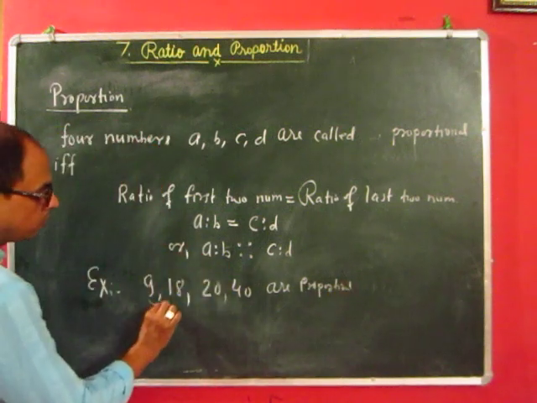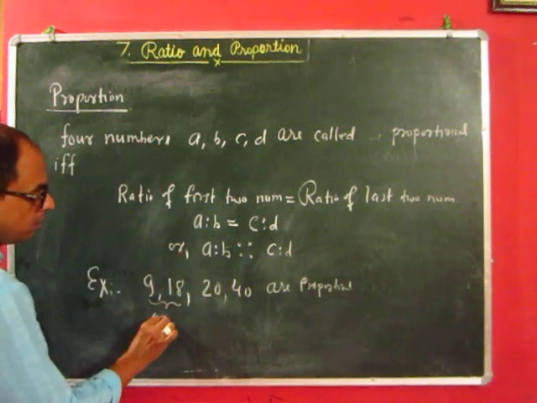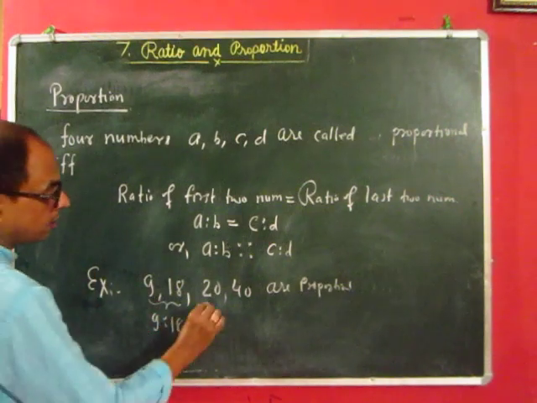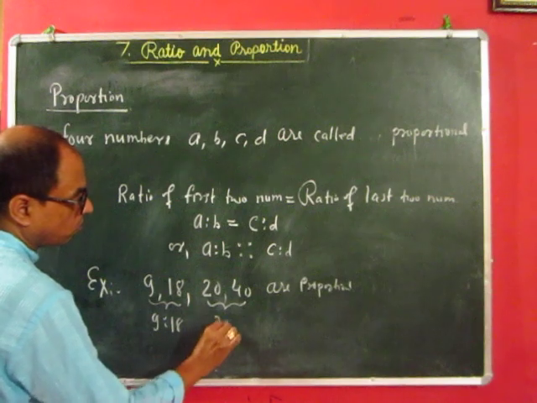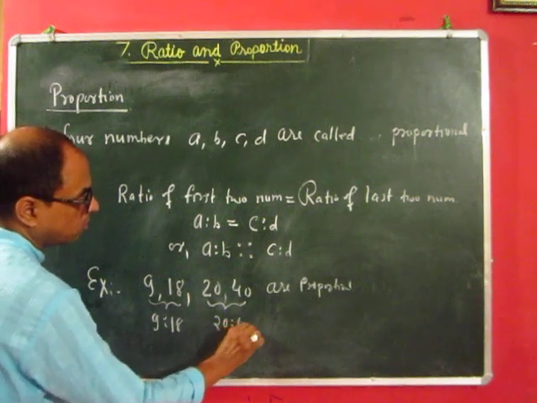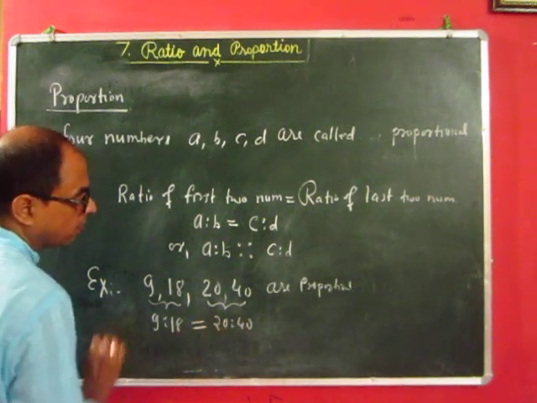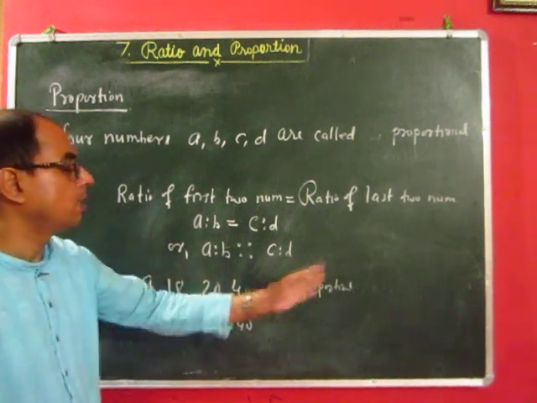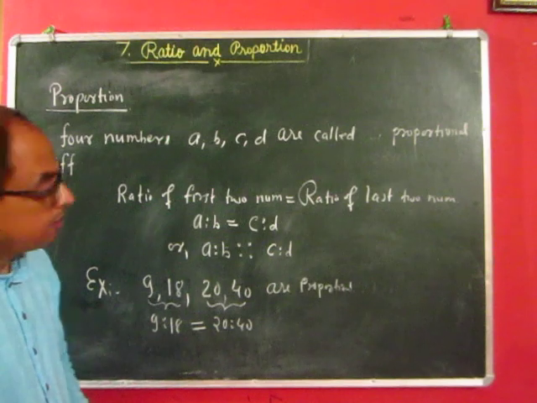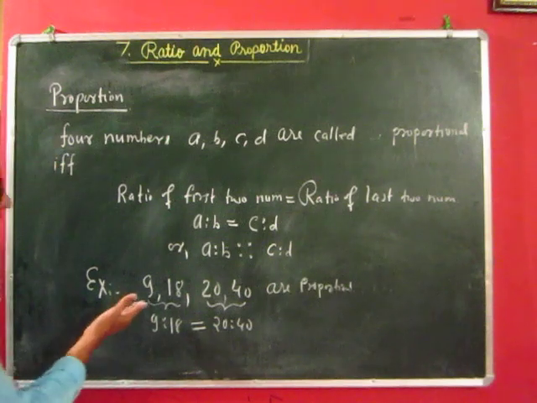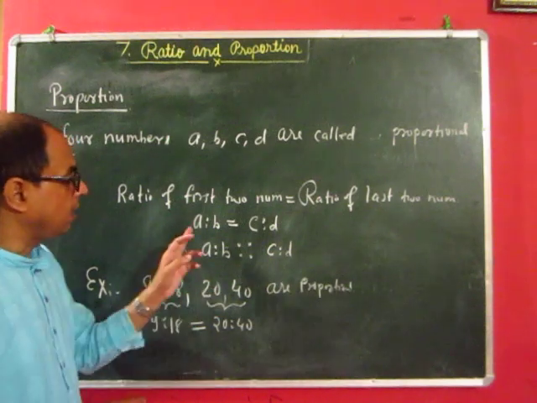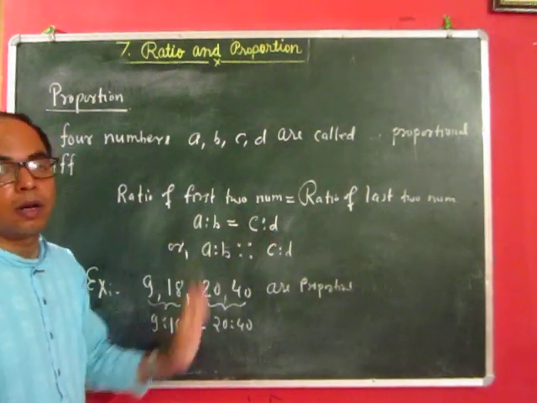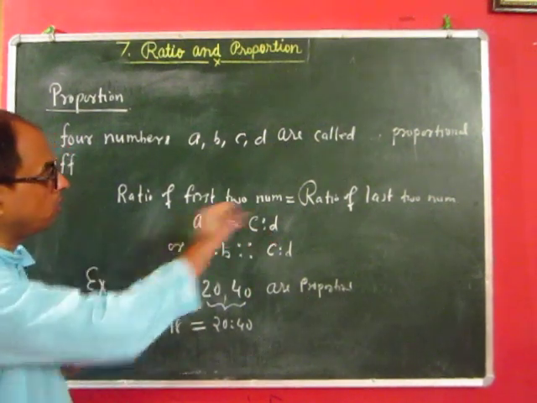Because the ratio of the first two, that is 9 is to 18, will be 1 is to 2. And the ratio of these two, 20 is to 40, is also 1 by 2, so these two are equal. Hence we can say that 9, 18, 20 and 40 are proportional. Now it should be written in order. If A is to B equals C is to D, then A, B, C, D are called proportional. So follow the order.